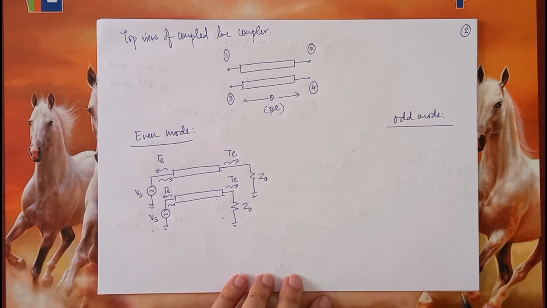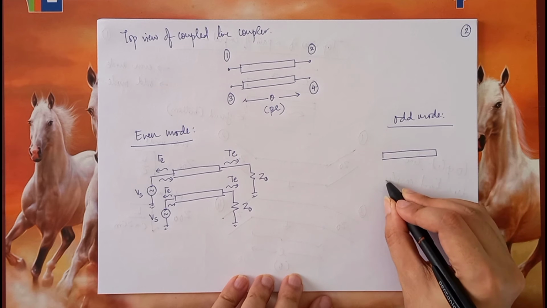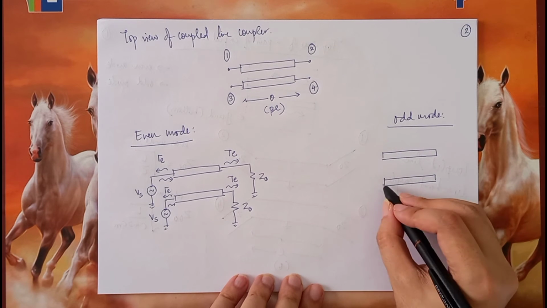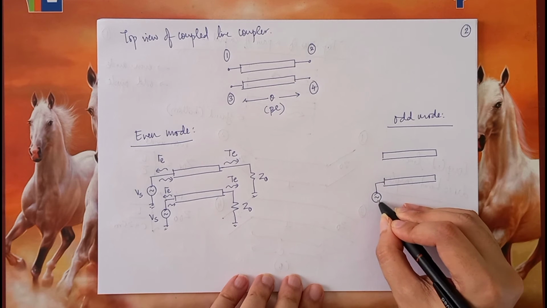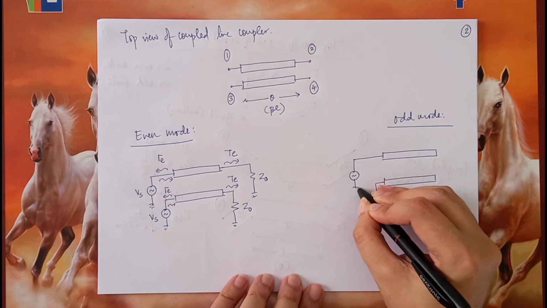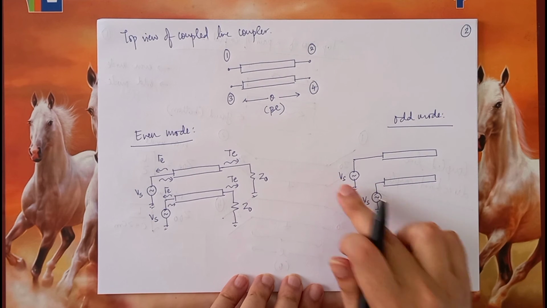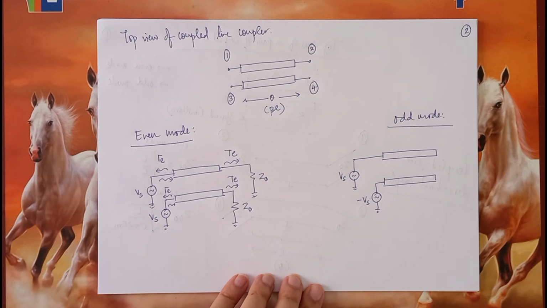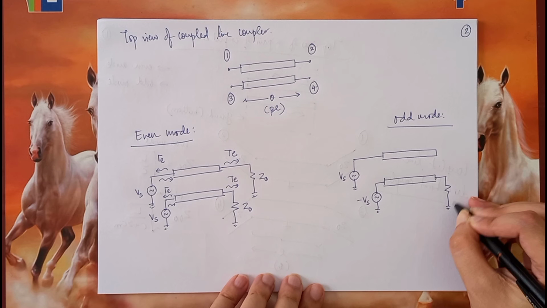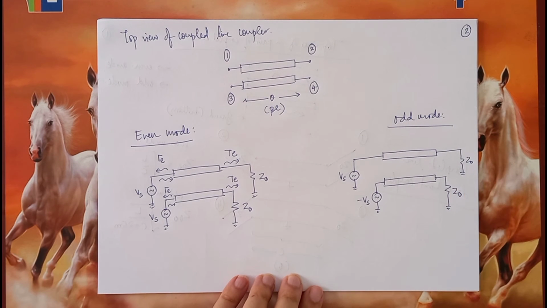Whereas in the odd mode, it will be the same structure, the two coupled lines, and this time, however, the sources will be of equal magnitude but opposite polarity. One will be Vs, the other will be minus Vs. The terminations at ports 2 and 4 don't change, they will continue to be Z0.